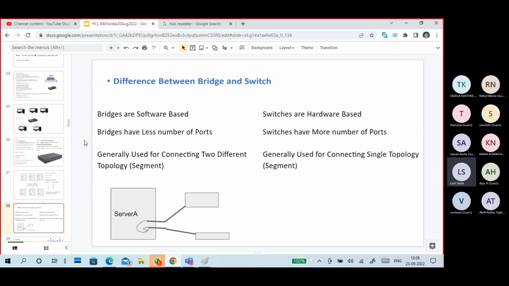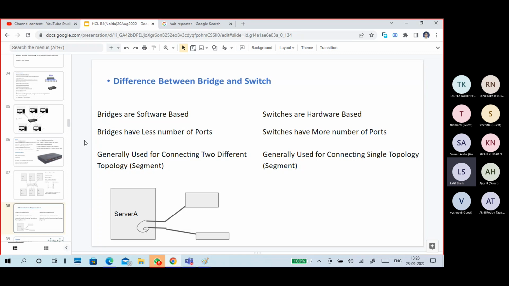For example, you have a server with 2 NICs. These NICs are connected to different topologies, different segments, different logical or physical networks. They are connected, so you can bridge it.